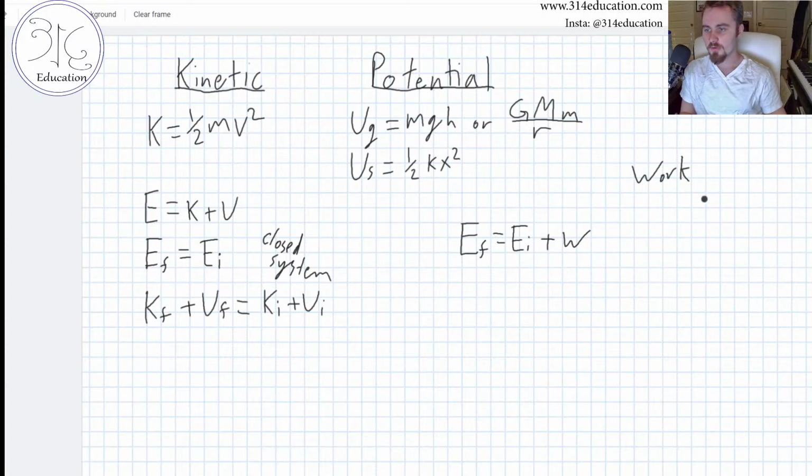Work done by a force is proportional to that force times the distance that it travels. But if this force and distance are not aligned, because these are vector quantities, if they have some sort of angle between them, we have to take the cosine of that angle to take the piece that is aligned.